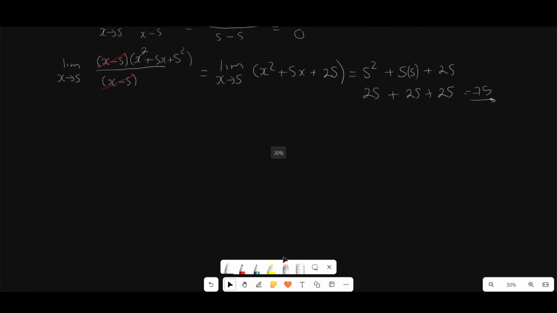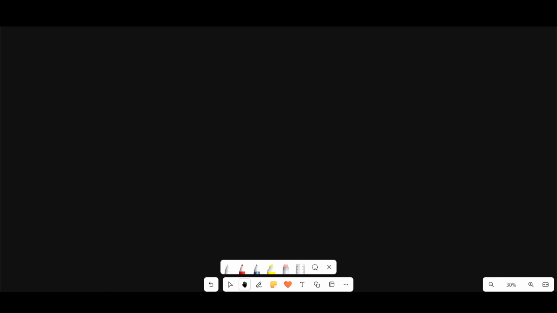So now I'll do some more examples. We have three types of methods that one could use to solve these indeterminate forms.